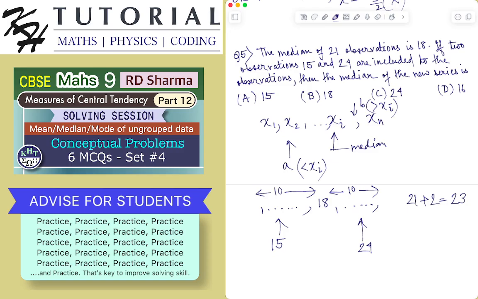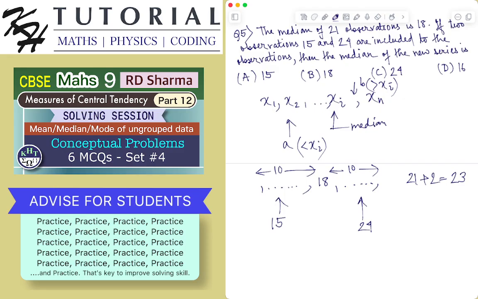And after adding 15 and 24, since one value, 15, is smaller than the median and another value, 24, is greater than 18, always remember that the median will remain the same, that is, the median will be 18.